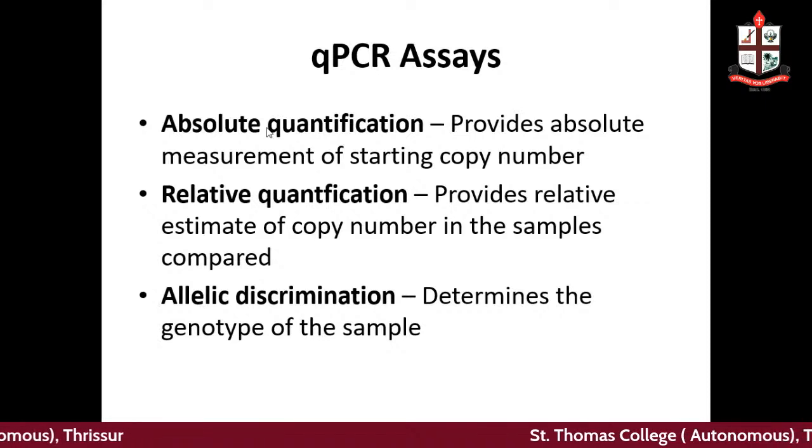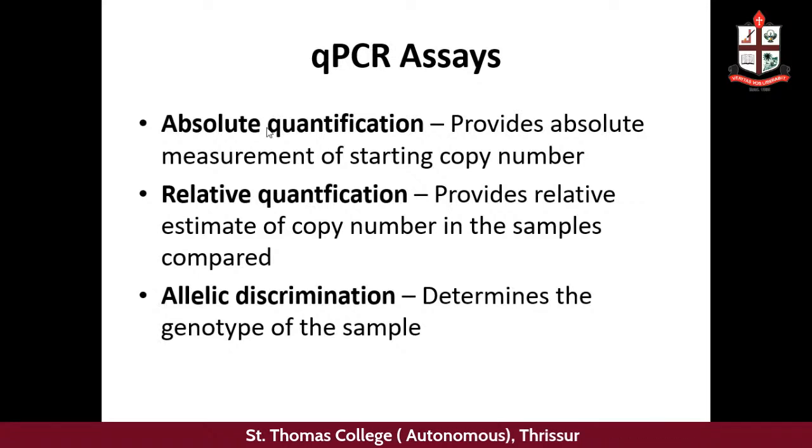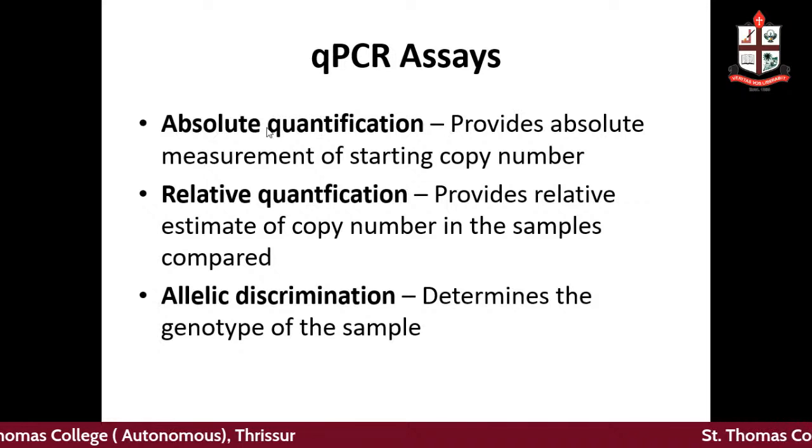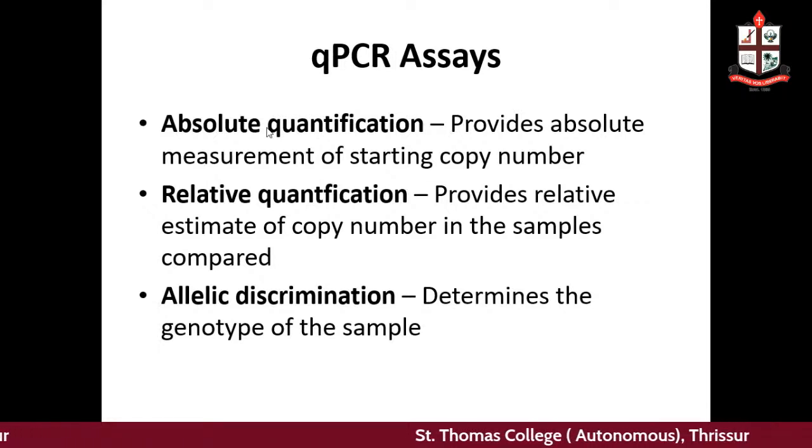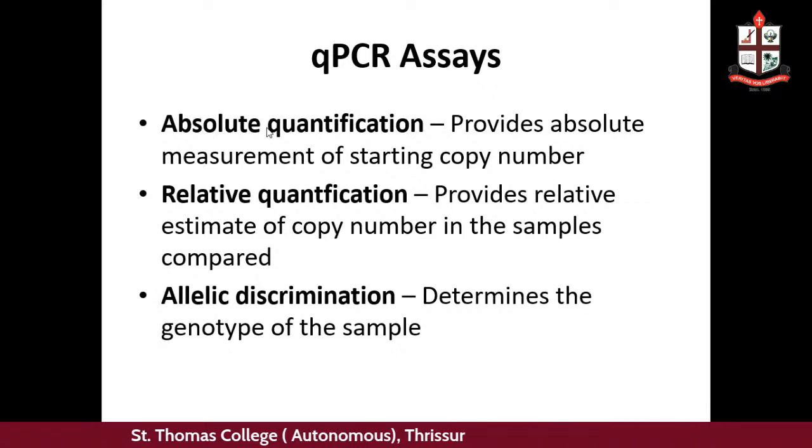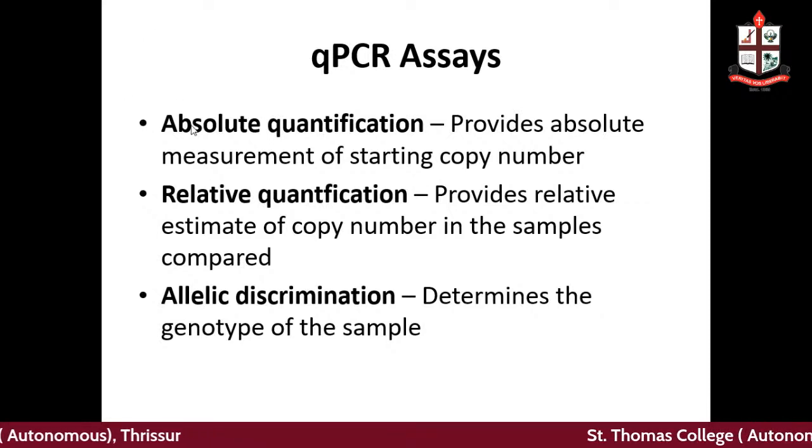You'll make a standard curve with known quantities, and then from that standard curve you'll estimate the amount in the sample. So just like that, you can do it for gene expression studies also. So absolute quantification, when we need to know the actual copy number of your gene.